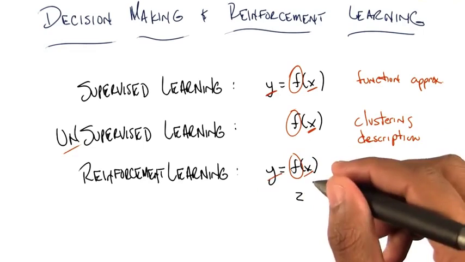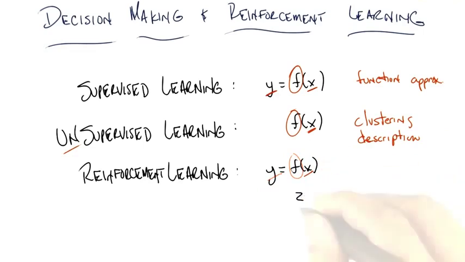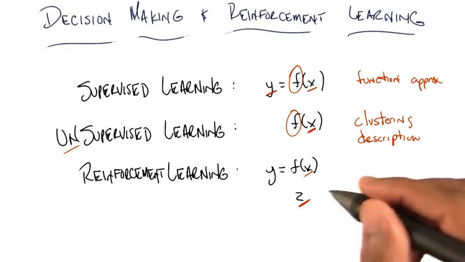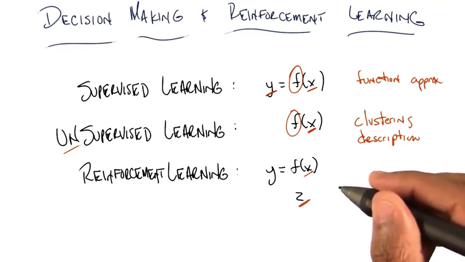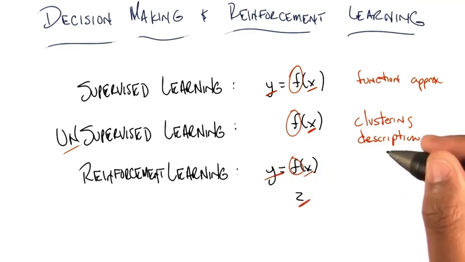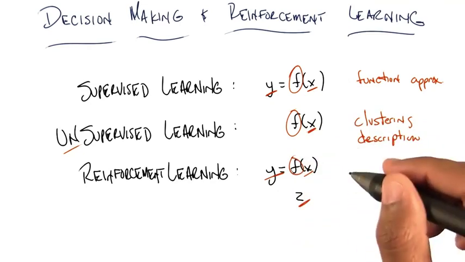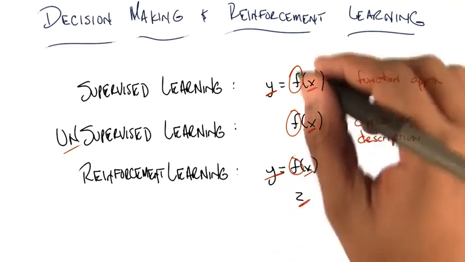In reinforcement learning, we're going to be given something totally different. We are instead going to be given x's and z's, and I'll tell you what the x's and the z's stand for in a minute, and then we're going to have to learn some f that is going to generate y's. Even though it looks a lot like function approximation, it's going to have a very different character.